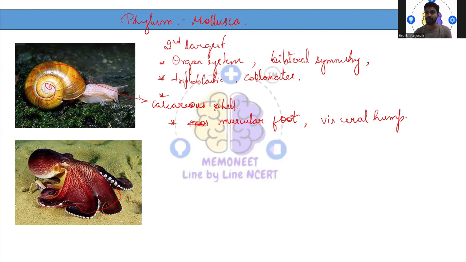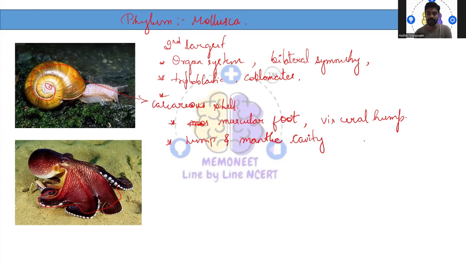The body is very spongy and the skin is very soft. There is a space between the hump and the mantle, so that is the mantle cavity.